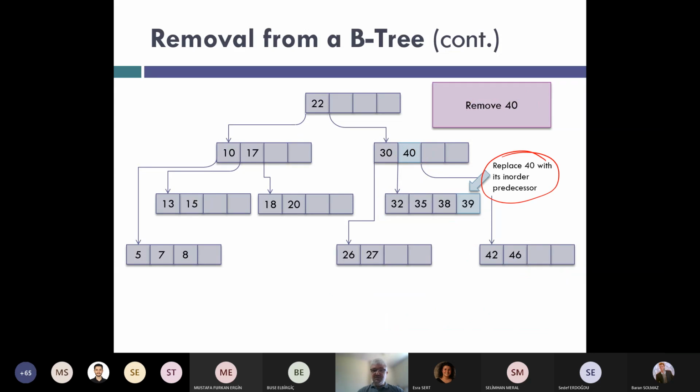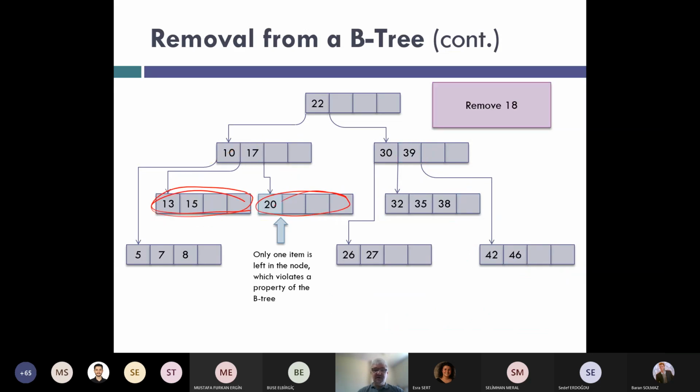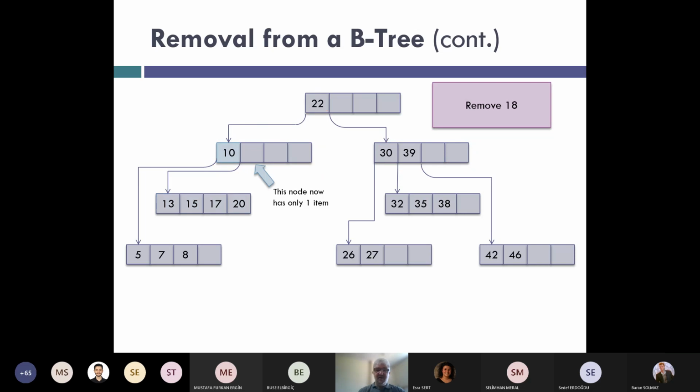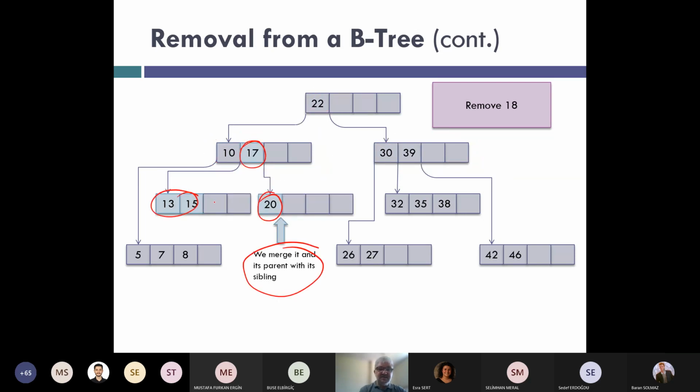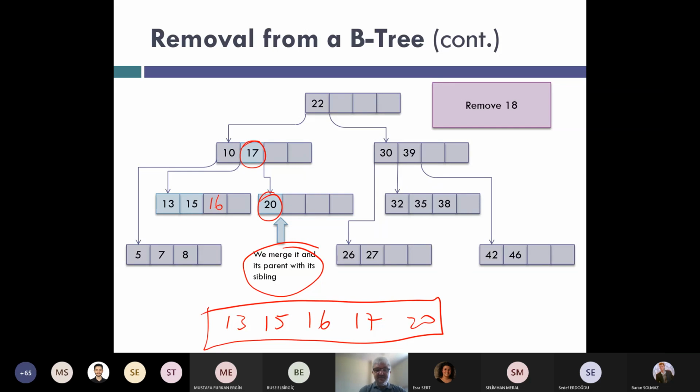This merge operation, after removal, we have to merge with these values. We may have 16 here as well, right? 16 would be here as well. In that case, 13, 15, 16, 17, and 20 may not fit in a node.